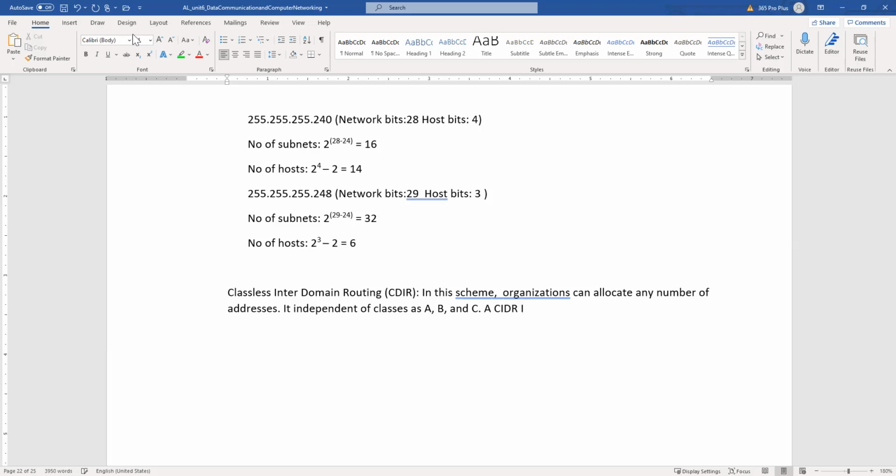CIDR IP address. So what is this? A CIDR IP address means an IP address defined without any class information.